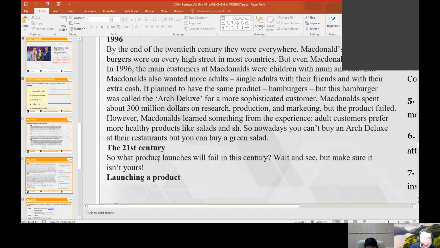Now, in this particular question, in the 21st century, that means starting from 2001, 2002 until now, what product launches will fail in this century? We don't know yet, because it was not reported yet. But we will wait and see, and make sure it isn't yours.